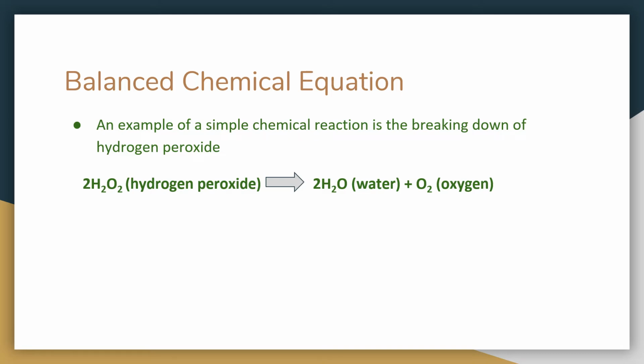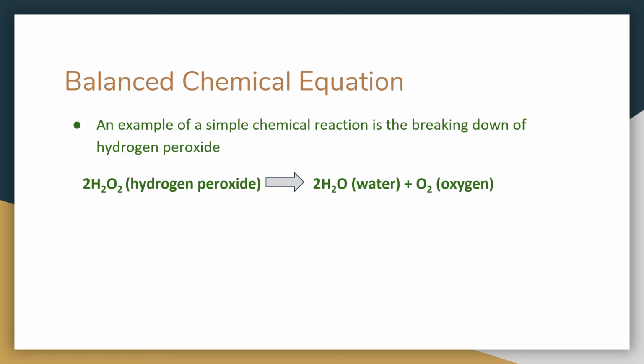If you look at the math of this to determine how they're equal in a balanced equation, we're looking at 2 H2O2, so that's 2 hydrogen peroxides. Let's just look at the hydrogen on the left side. We basically have 4 hydrogens, because you take the big 2 times the little 2, which gives you 4 hydrogens.